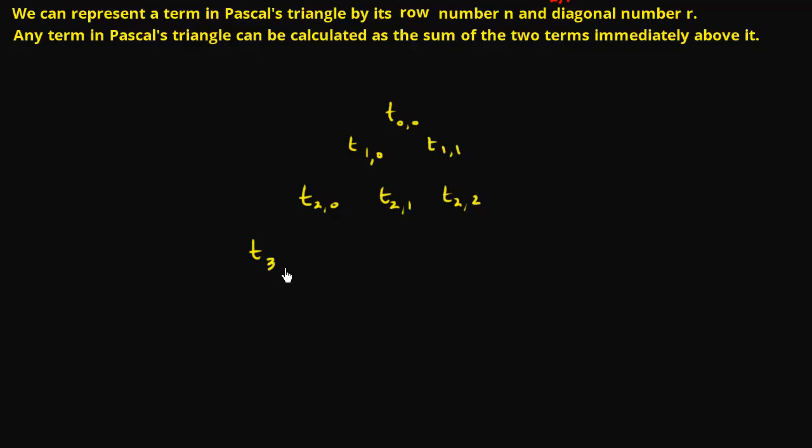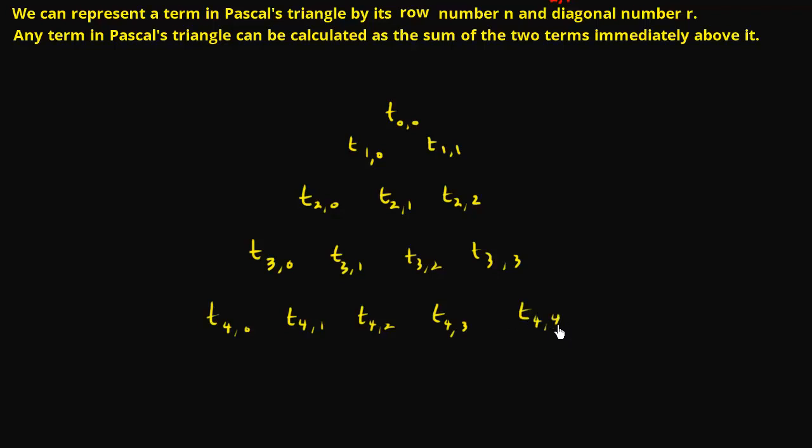And this would be T sub 3 comma 0, T sub 3 comma 1, T sub 3 comma 2, and T sub 3 comma 3. Next we'd have T sub 4 comma 0, T sub 4 comma 1, T sub 4 comma 2, T sub 4 comma 3, and then T sub 4 comma 4.